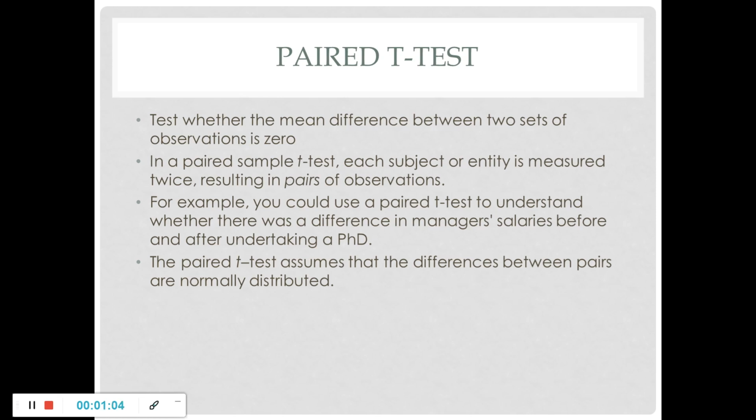So the paired test is basically used to test whether the mean difference between two sets of observations is zero. So in a paired sample t-test, each subject or entity is measured twice, resulting in pairs of observations. So in this test, you will be basically observing the same subject at different points of time.